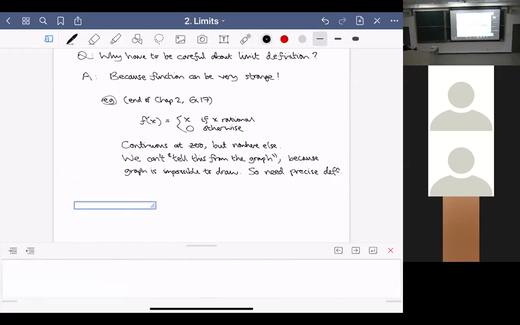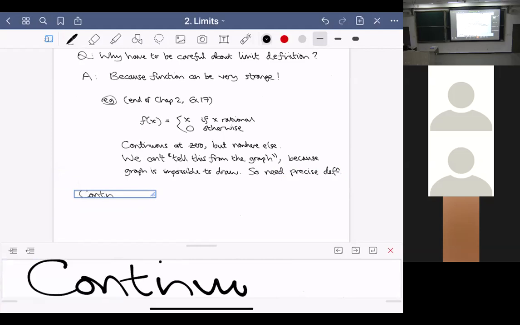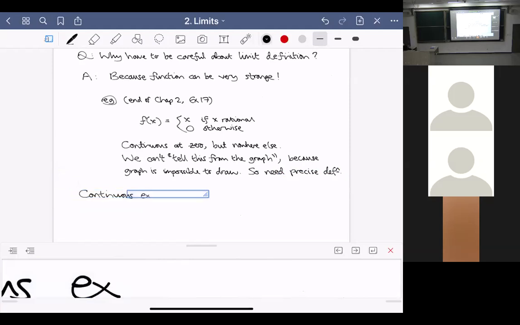Okay, so let's go back to continuous extension. And last time, just one more example of that.